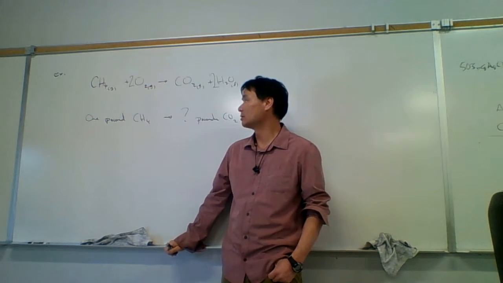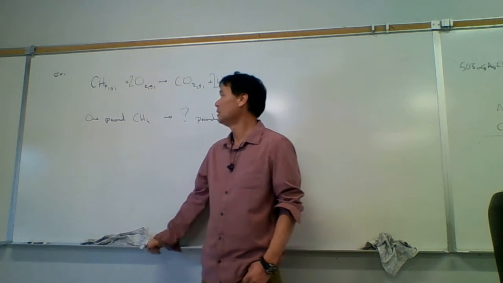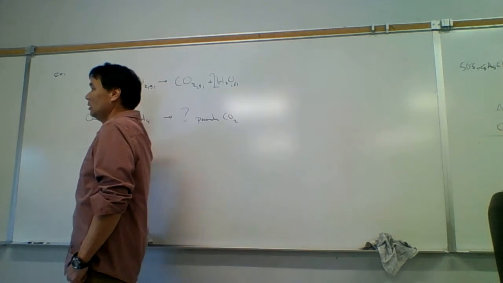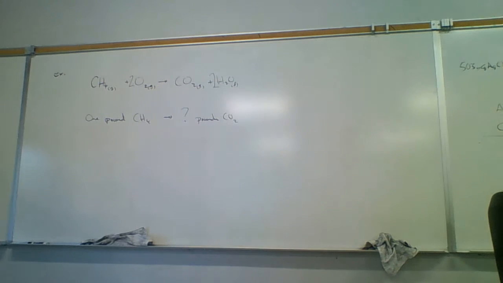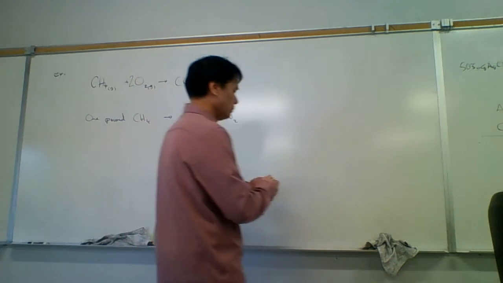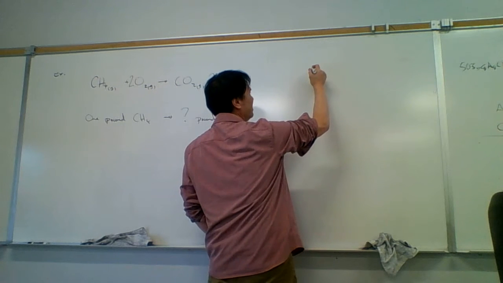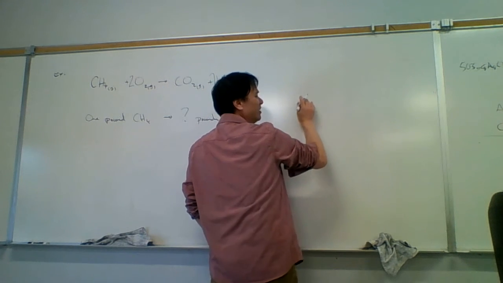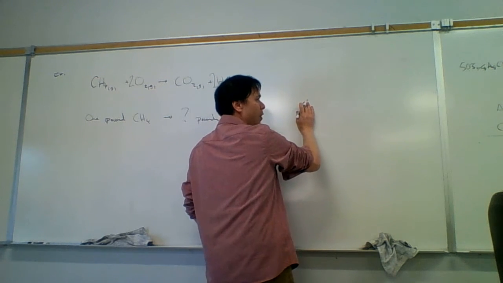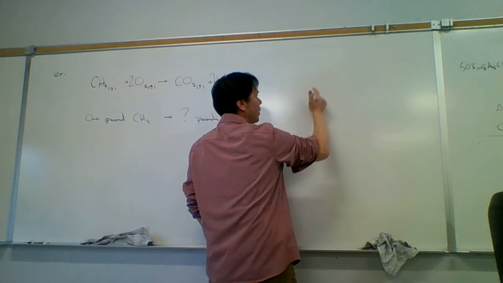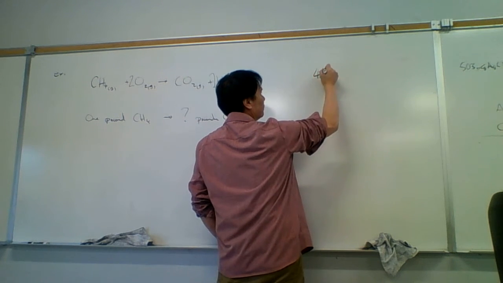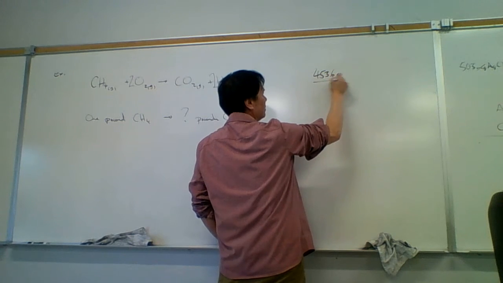No, actually not, because even though I'm forming 1-to-1 mole ratios, they weigh different amounts. Methane weighs a different amount than CO2. So what you'll need is this. Do you remember how many grams are in a pound? 453.6 grams in a pound.